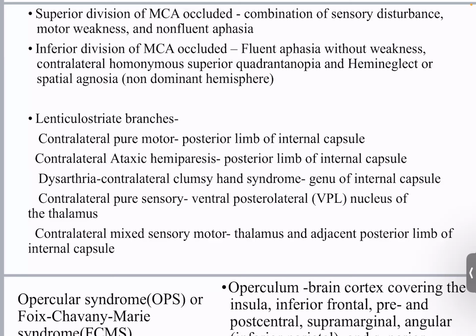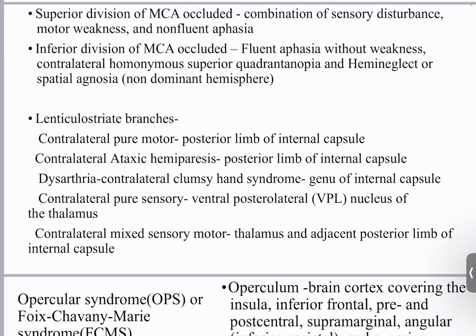Moving on to the MCA branches. So MCA divides into 2 branches, which is superior division, that is M1, and inferior division, which is M2. Superior division supplies the frontal lobe, inferior division supplies the temporal lobe. So Broca's area is present in the inferior part of the frontal lobe, and Wernicke's area is present in the superior part of the temporal lobe.